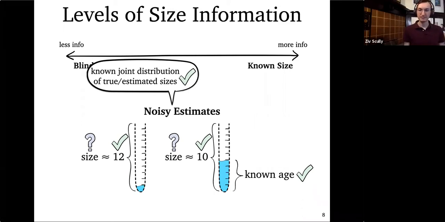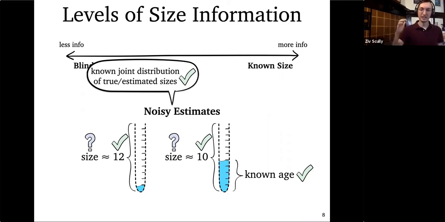So basically, I'm about to describe a model that formalizes this idea of having some partial information about what a job size is. So for example, in this noisy size estimate case, say a job arrives and we're told it has size 10.